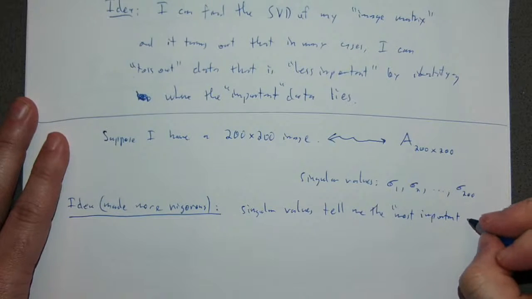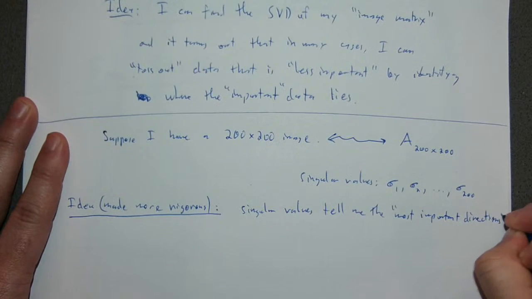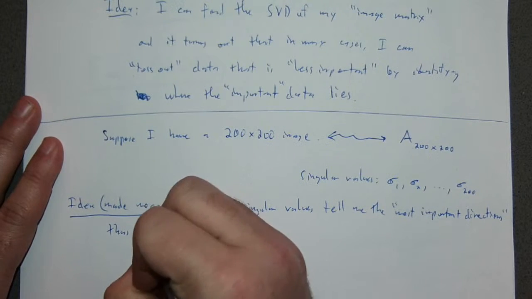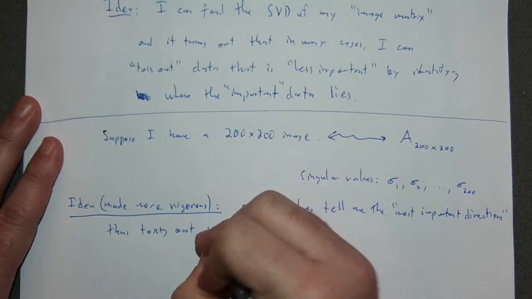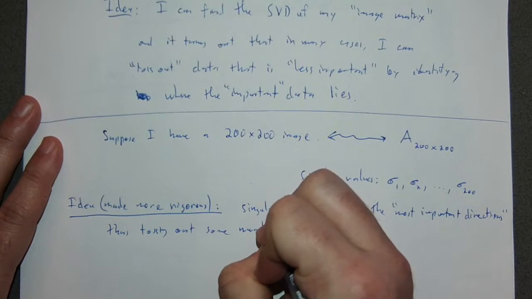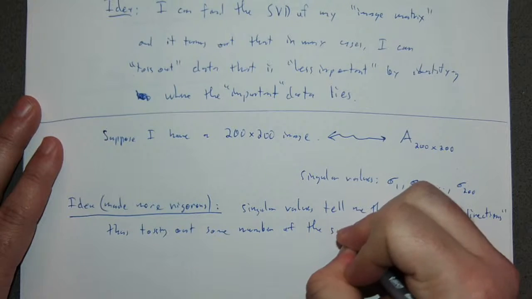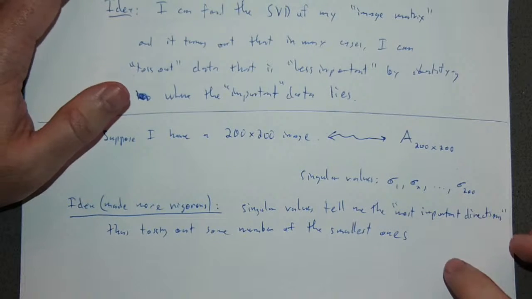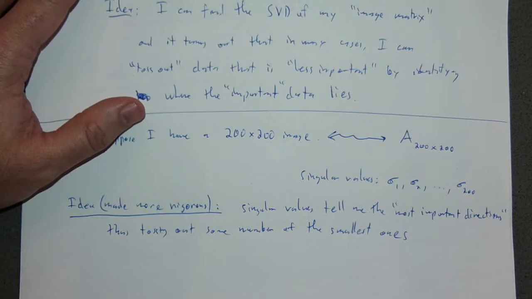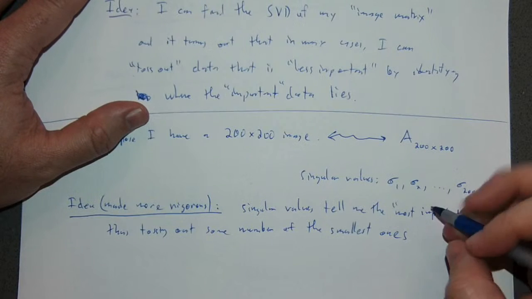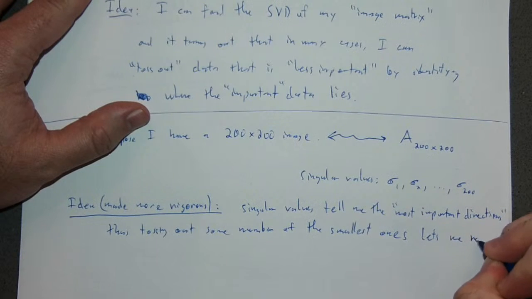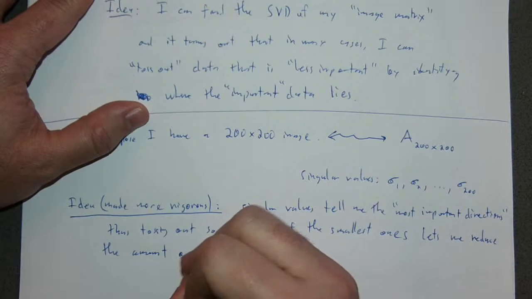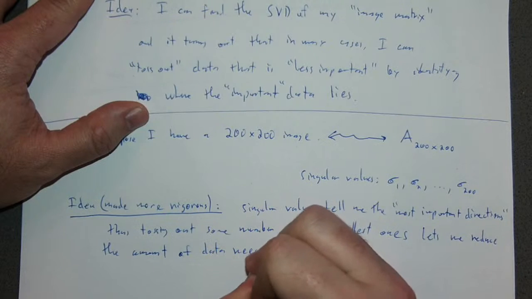Thus, tossing out some number of the smallest ones lets me reduce the amount of data I need to generate the image.